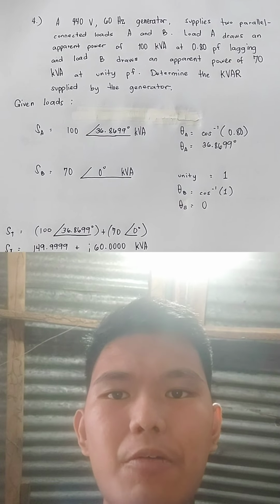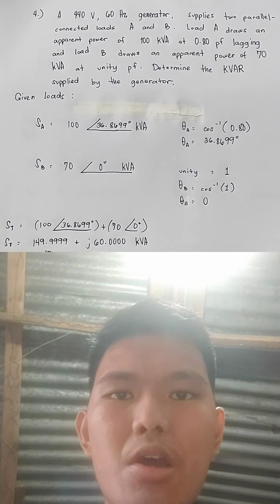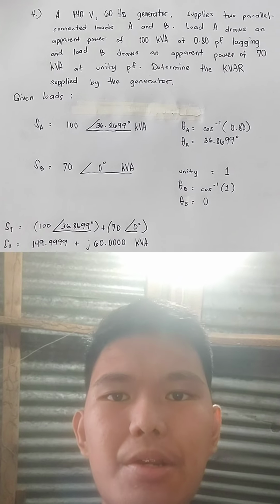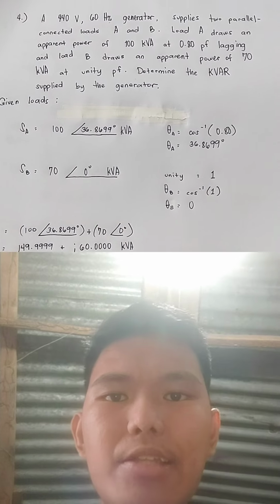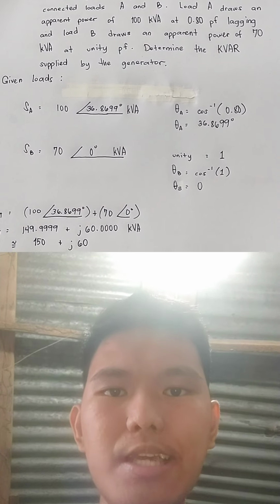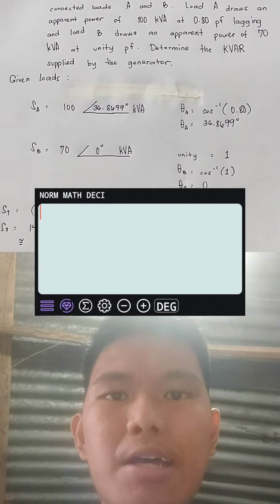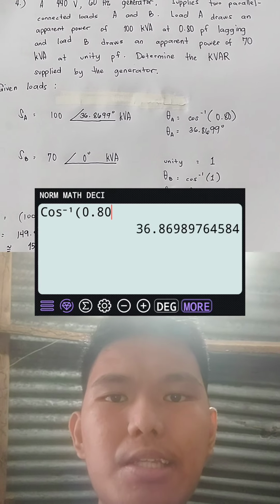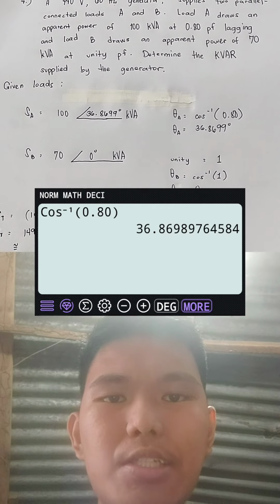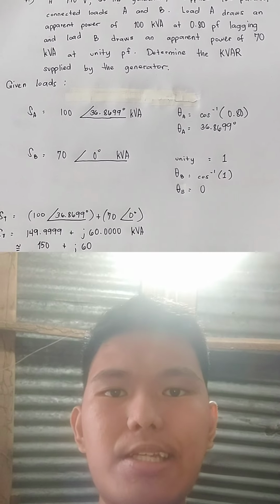For the complex power for load A, 100 kVA angle 36.8699 degrees. 36.8699 degrees came from the formula theta equals cos raised to negative 1 of 0.80, which equals 36.8699 degrees.